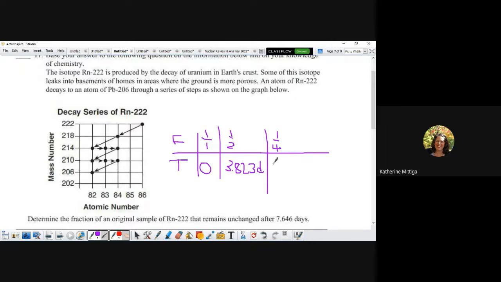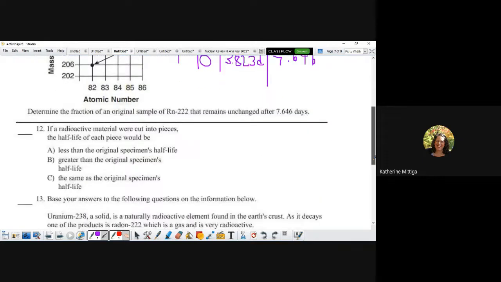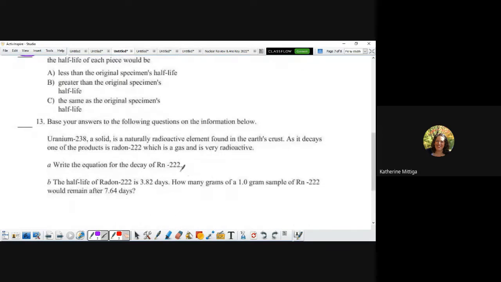I'm going to get 7.646. Oh, look, 1/4, what we wanted. If a radioactive material were cut into pieces, what would happen to the half-life? Nothing. It won't be changed by cutting the sample size.